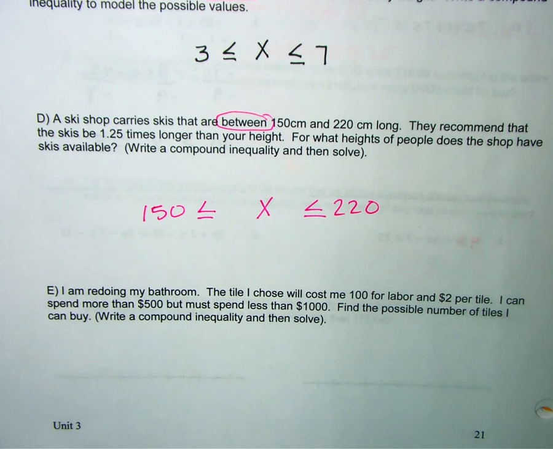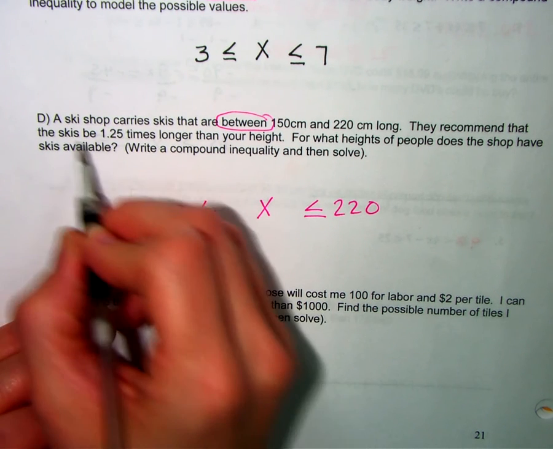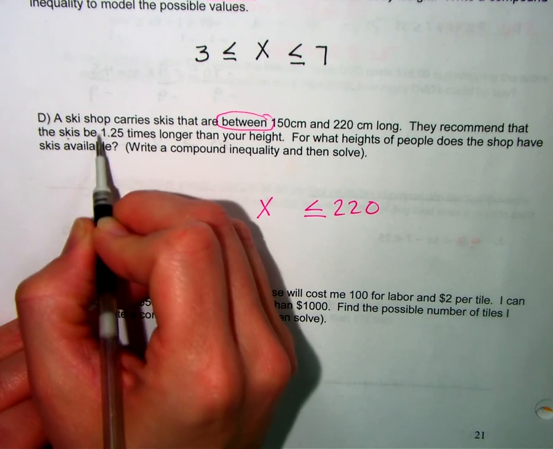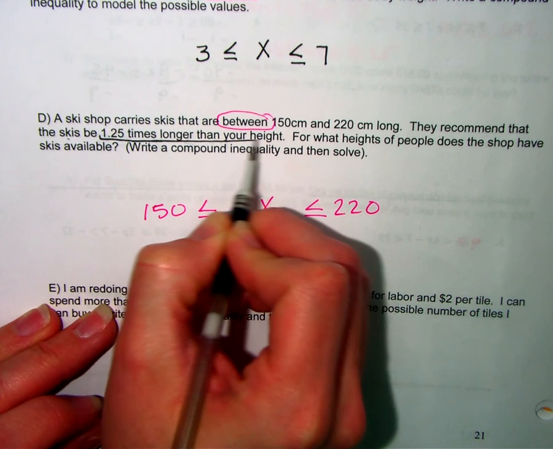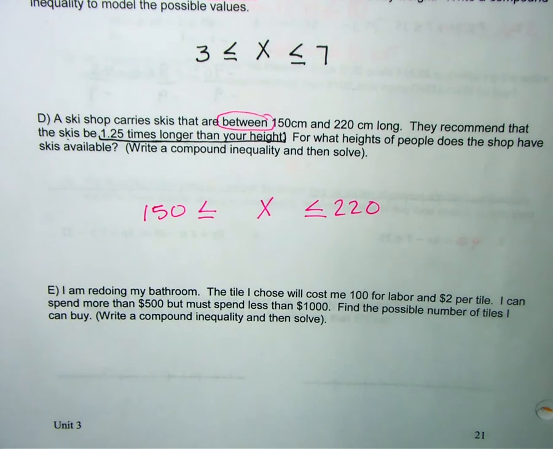Okay, so this is what's actually going to be on the test. On the test, it's going to have a between situation like we just had there, but then it's going to have this. The skis must be 1.25 times longer than your height.